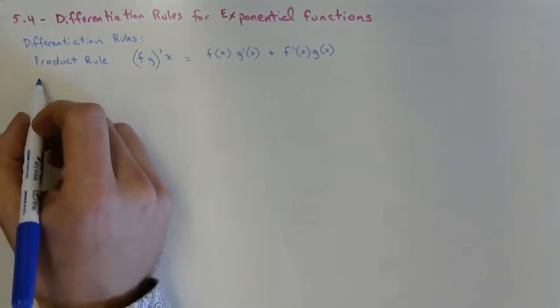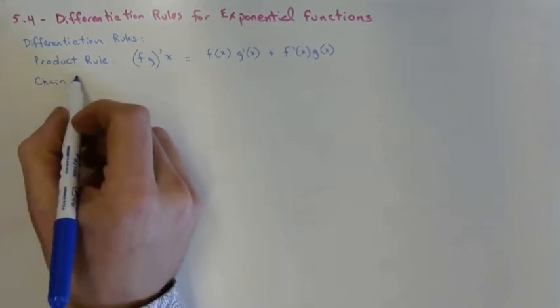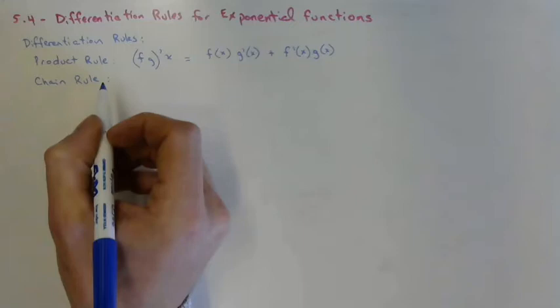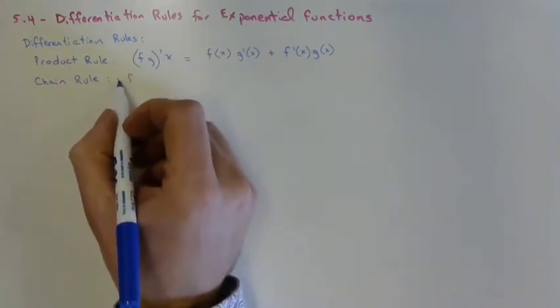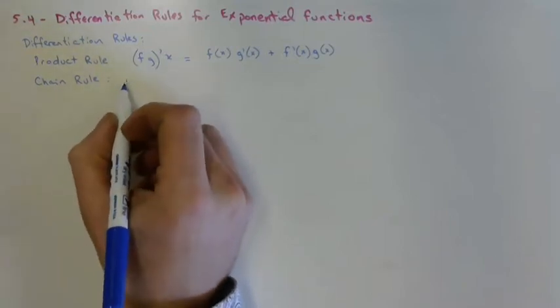Then we have the chain rule. Chain rule is used when we have a function inside another function. Let's write this a different way.